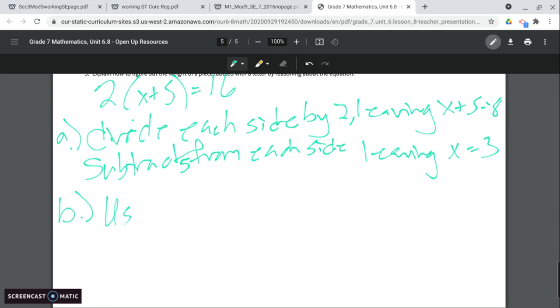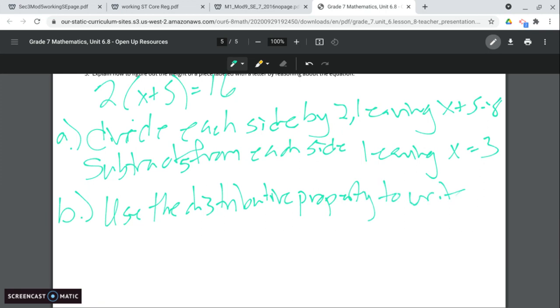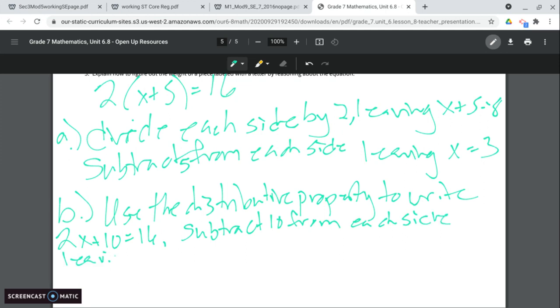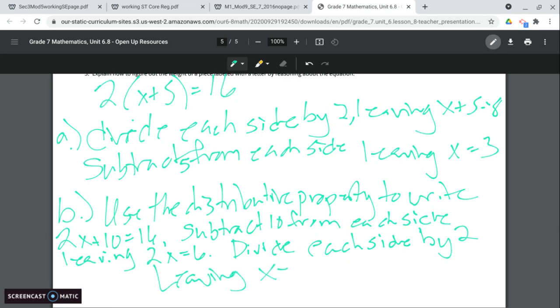Use the distributive property to write 2x plus 10 equals 16, subtract 10 from each side, leaving 2x equals 6, divide each side by 2, leaving x equals 3.